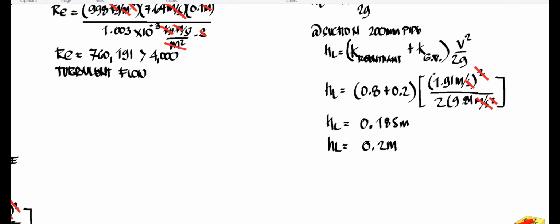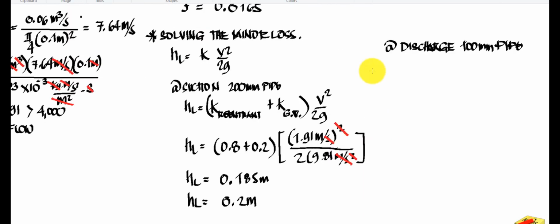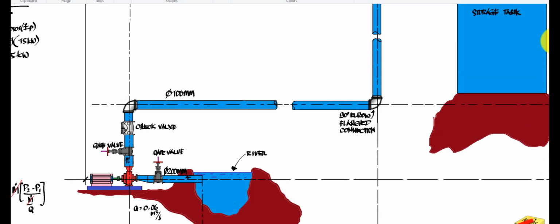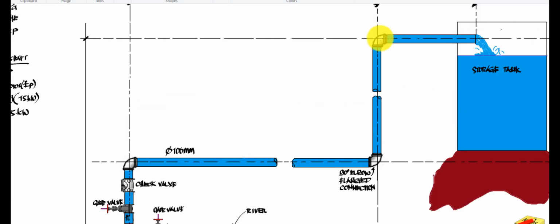Now for the discharge, checking the figure, you will notice here we have the gate valve, check valve, then also we have how many elbows, 1, 2, so that is 3, and we have also the discharge line or the exit of the pipe.